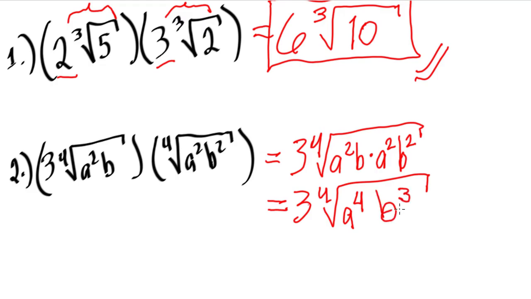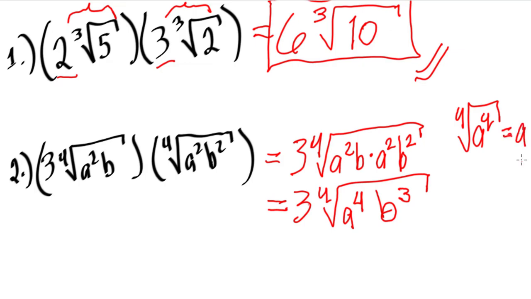After that, by one law of simplification in radicals, since the exponent inside the radicand and the index are the same, we can extract this a to the 4th. We get the 4th root of a to the 4th, and remember that the 4th root of a to the 4th is equal to a.